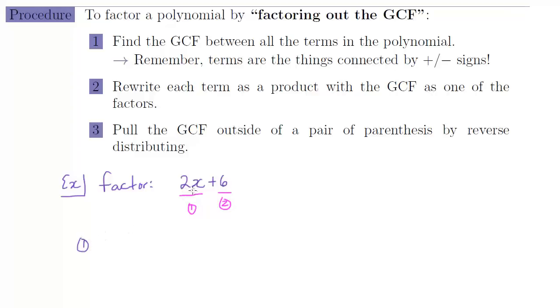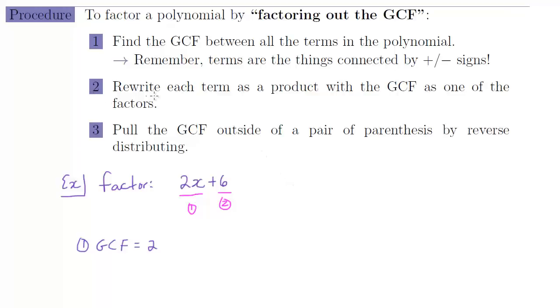Well, in the first term you have a 2 and an x. In the second term you have a 6, which is 2 times 3. So the GCF between these two terms is going to be 2. Right? They both have a 2 in them and nothing bigger.